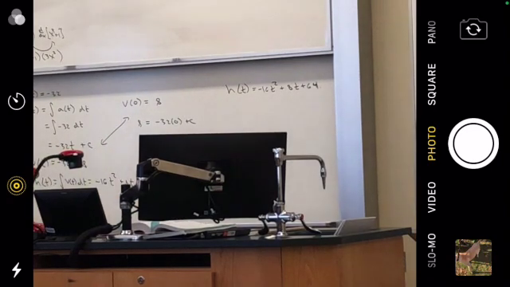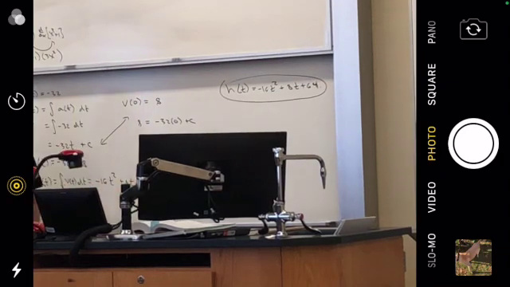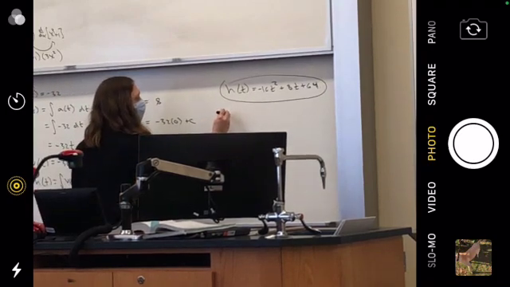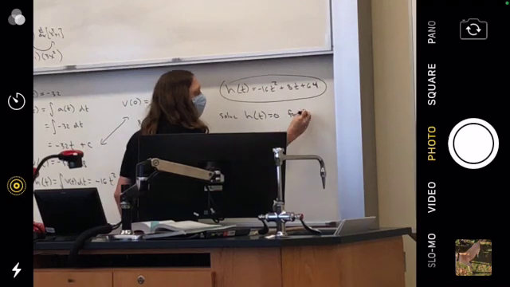And then what did it say? I want to know when the ball hits the ground. How do I solve that? This is my height for all time starting at time 0 until I hit the ground. I want to solve h of t equal to 0 for t.